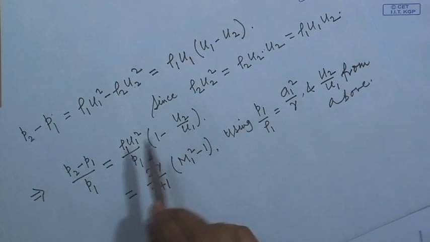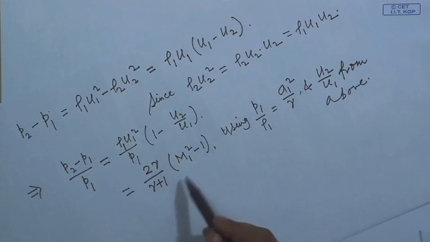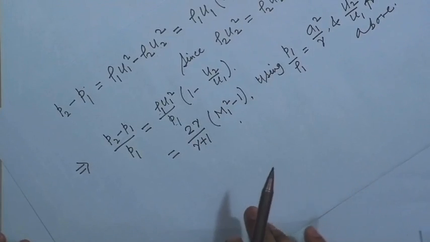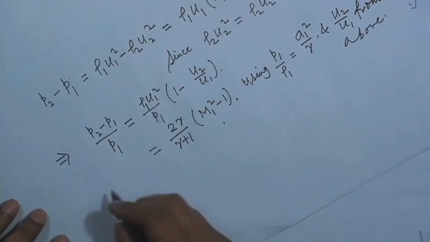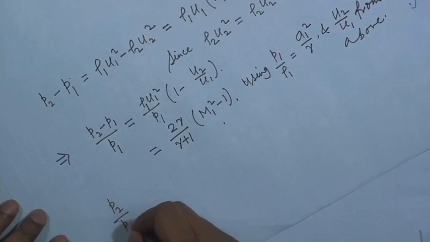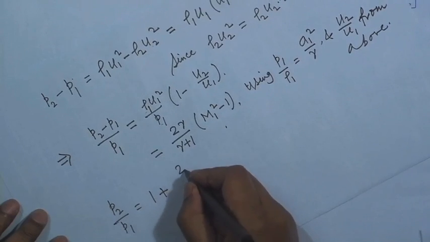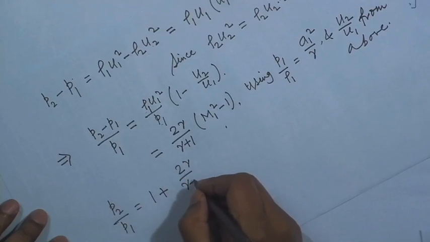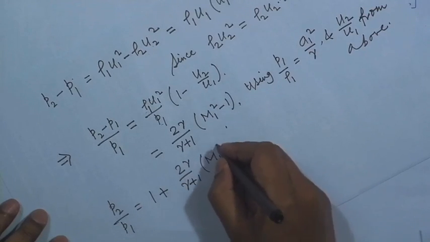Substituting that velocity ratio and using P1 by rho1 as a1 square by gamma, this is the relationship that we obtained, which gives the normalized pressure rise. Also, the pressure ratio P2 by P1 can then be written as 1 plus 2 gamma by gamma plus 1 into M1 square minus 1.